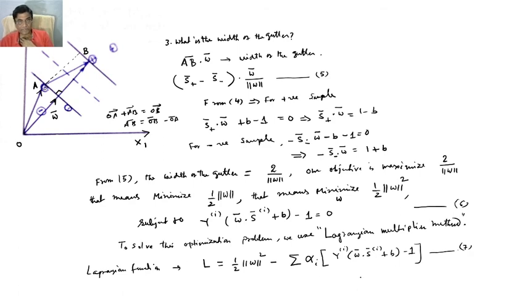If you have an expression, just differentiate it with respect to W, make it 0, and you will get some condition, and the expression will start dancing. In doing this, we will crank out everything we require for solving this support vector machine problem.